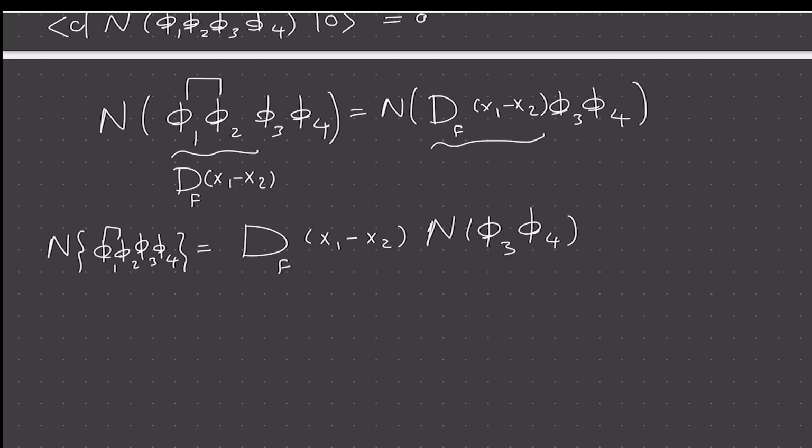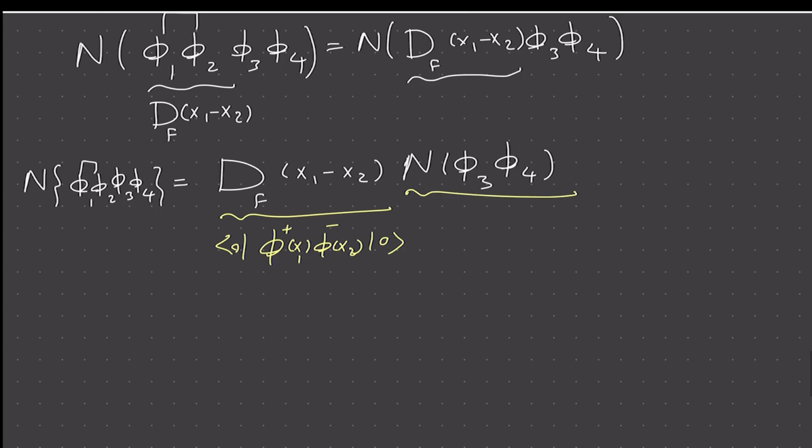This term also doesn't survive, because basically this part is already the expectation value of phi plus of x1, phi minus of x2, which is already a number, so this term is going to be 0.